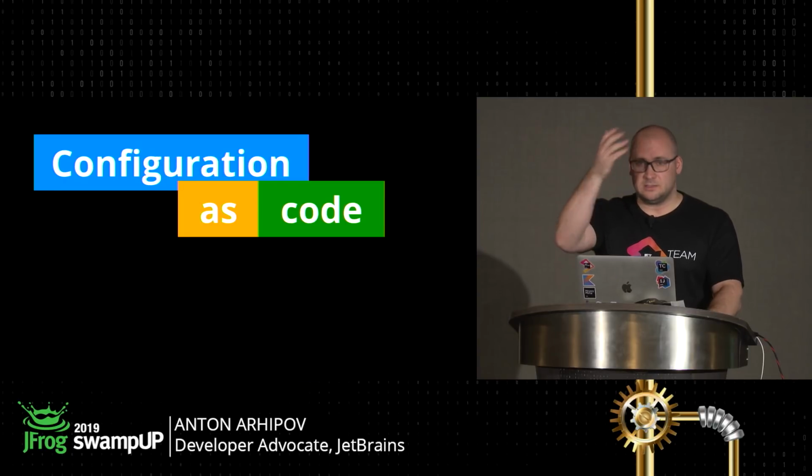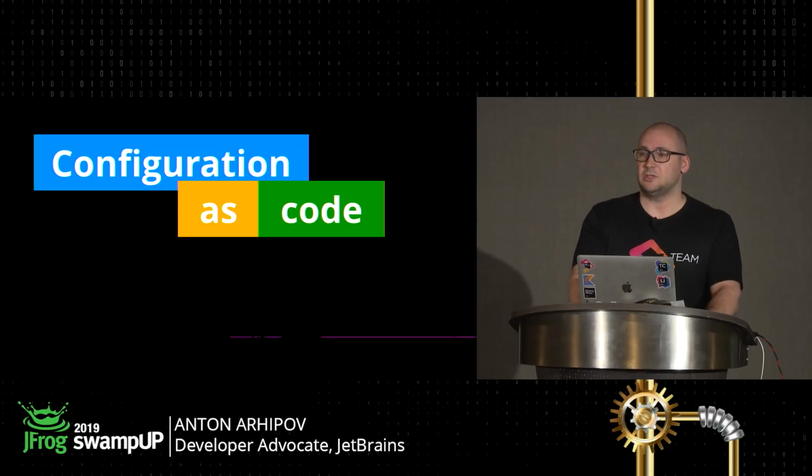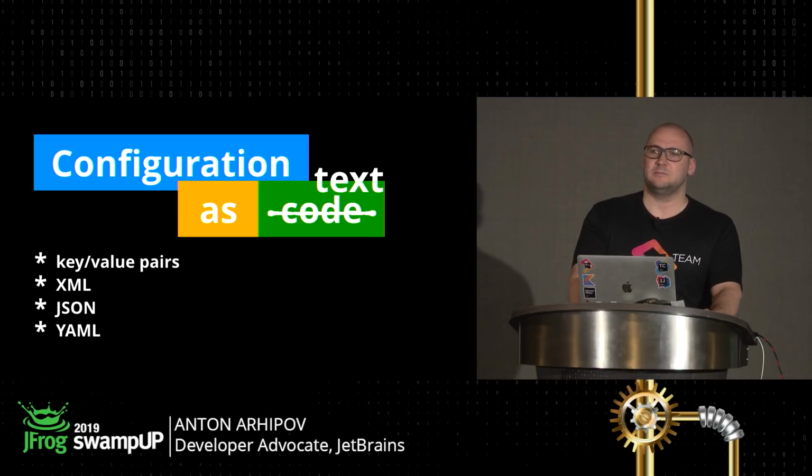So I guess a lot of you are familiar with the notion of configuration as code or infrastructure as code, right? And in many cases, if you start thinking of it, it's not actually as code, but as text. Because what kind of formats do you have to configure in most cases? This is the key-value pairs, the simplest one, the properties files, right?